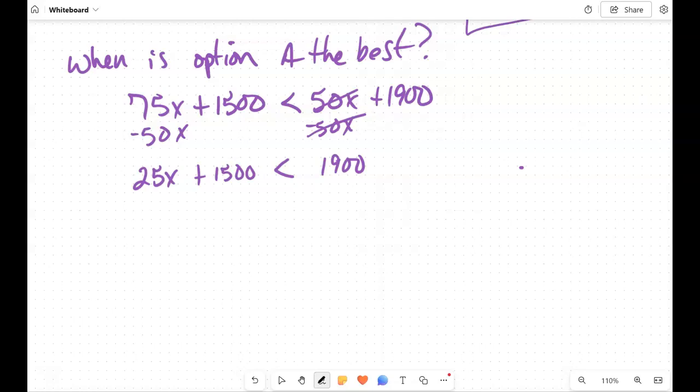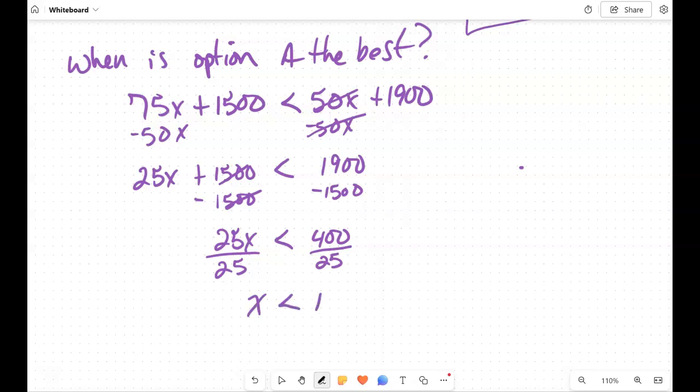We're trying to get x by itself, so I'm now going to subtract 1500 from both sides, leaving me with 25x is less than 1900 minus 1500, which is 400. Then if we divide that by 25, we get that x is less than 16, which should make sense because remember a while ago we learned that 16 was that changing point. And we said that anything less than 16, option A was better. So you can see how this was showing up here and how it was working for us.